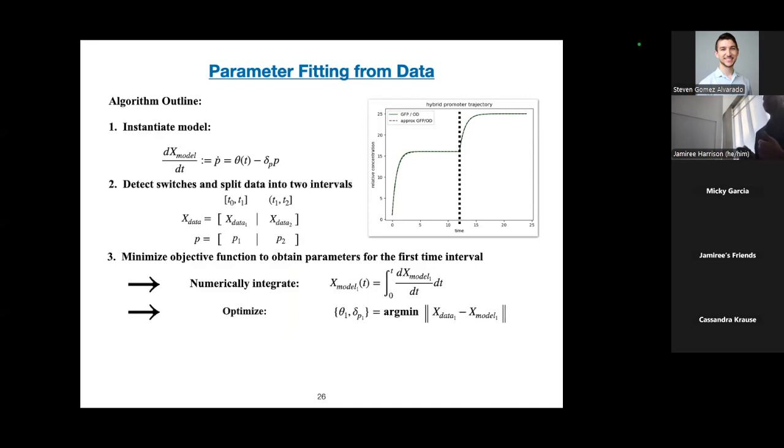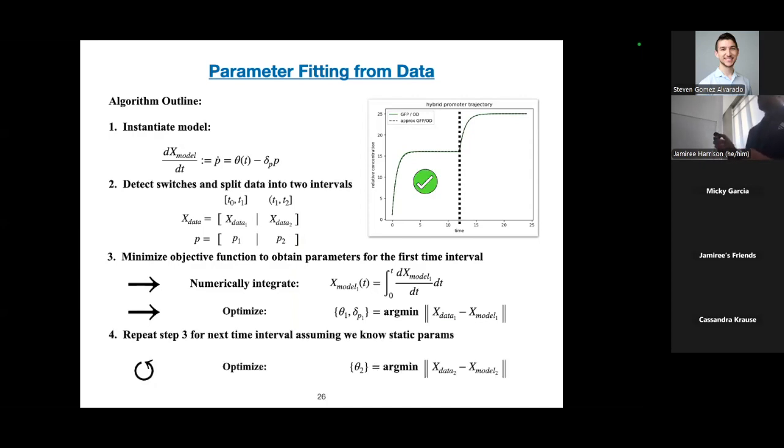So if we can segment the data and have the model over these two time intervals, we can just numerically integrate our model, fit the data to the model, right? And then find the optimizing parameters that do this. So this is a basic setup with only one switch, so we get two time intervals. After fitting over this one and finding the parameter estimate for your static parameter, you don't need to estimate it again.